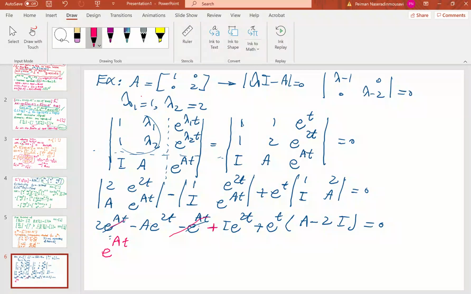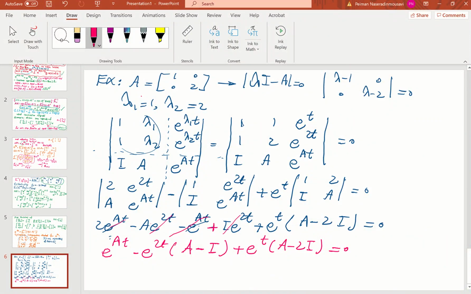Here must be plus. So this is minus, and minus minus plus, so it's going to be minus e^(2t) times this, which is A minus I. And now plus e^t (A minus 2I) is 0.